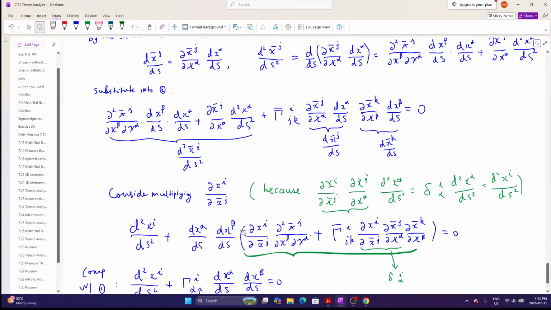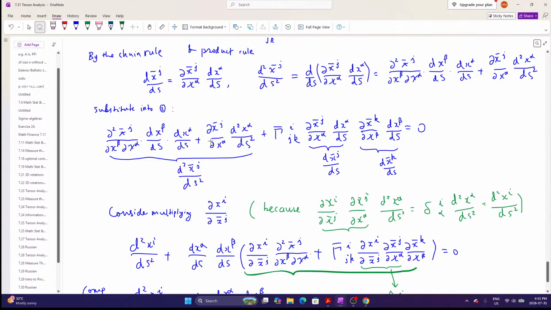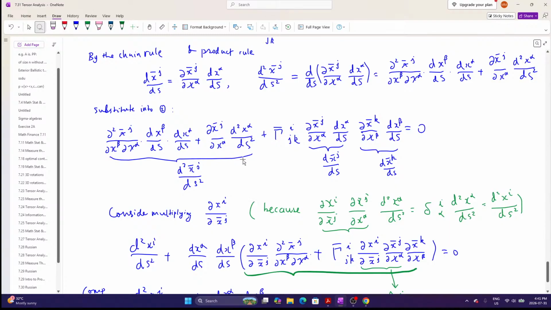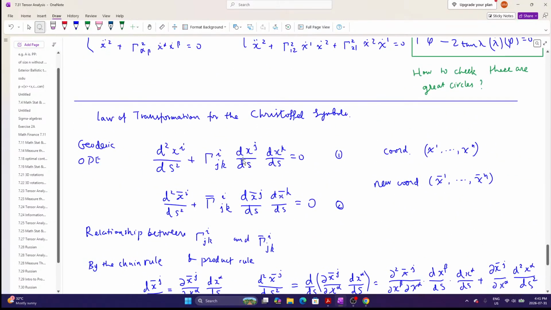Did I mess up here? Because here in the original, I is a free index. Yeah, this is another index problem, isn't it?